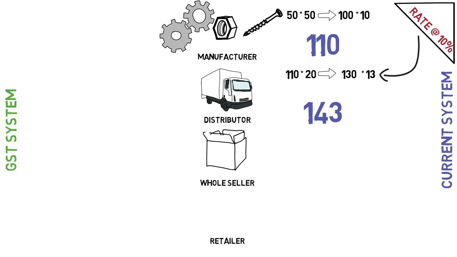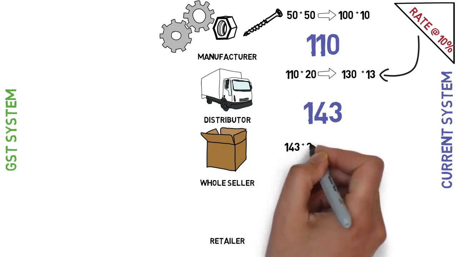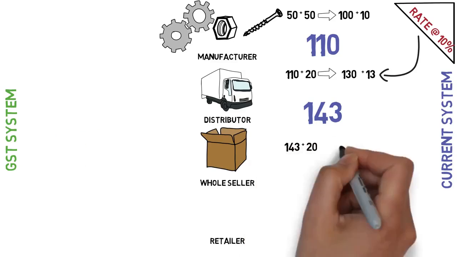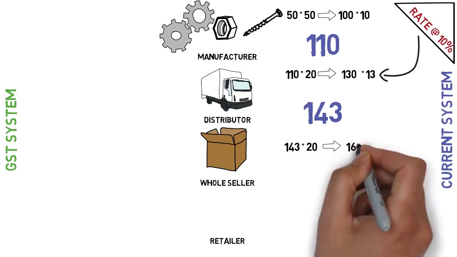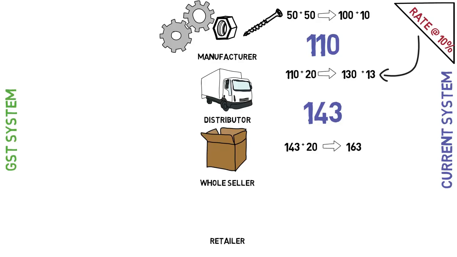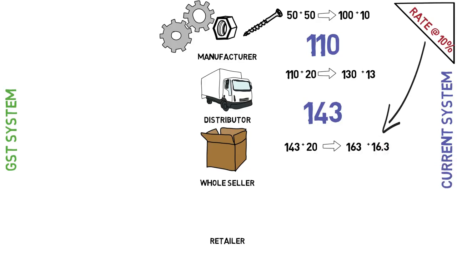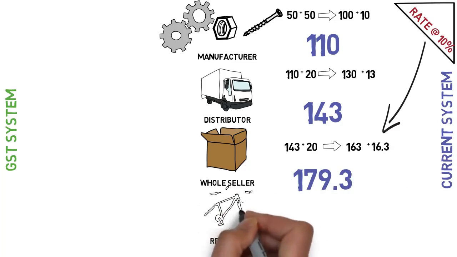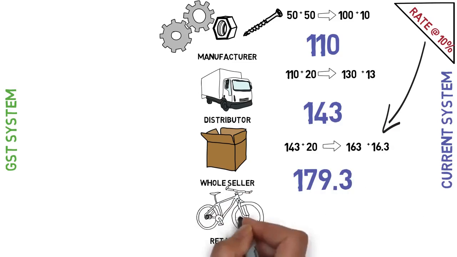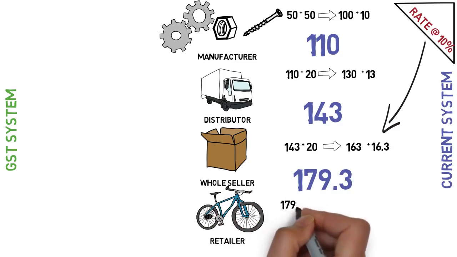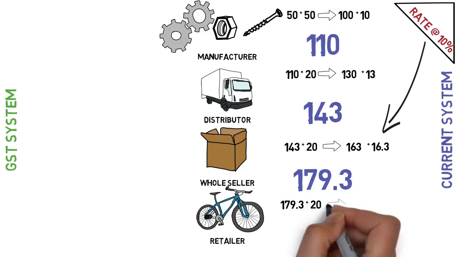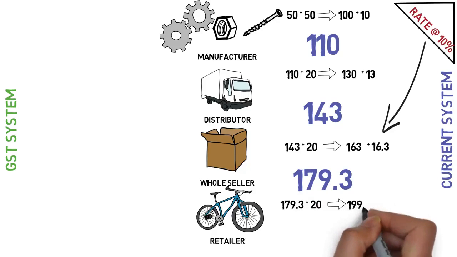The wholesaler follows the same pattern and the price will become 143 plus 20, that is 163, and 10% tax, which is rupees 16.3, and sells it for 179.3 rupees to the retailer. Then the retailer adds 20 rupees profit and the price will become 199.3.